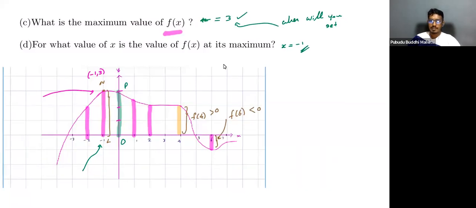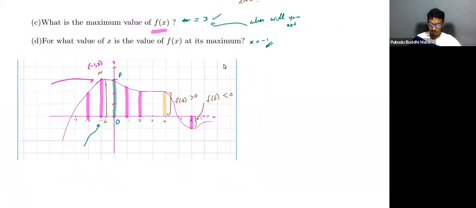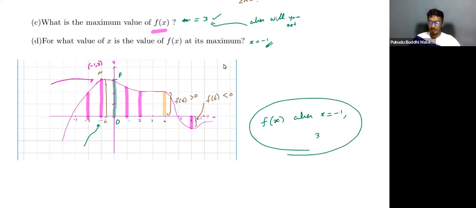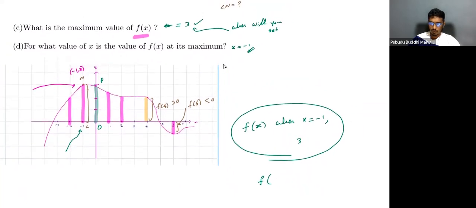And we can summarize this idea by writing f of x when x equals -1 is 3. So let's write this mathematically: you put x equals -1 as your input, you will get 3 as your output. This is how we write that. f of -1 equals 3.